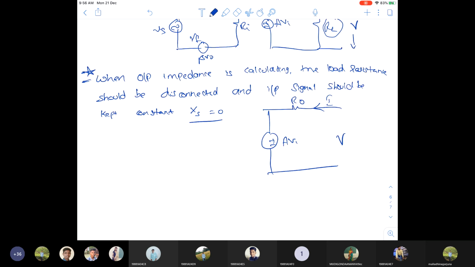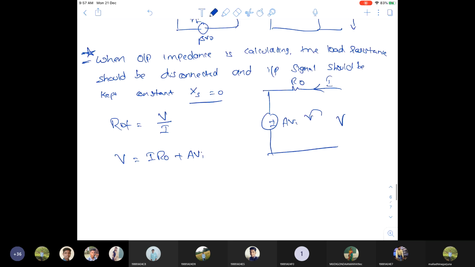Now apply KVL. Before that, R naught F, with feedback, equals capital V by capital I. So you can write I into R naught plus A into VA equal to VS minus VF.